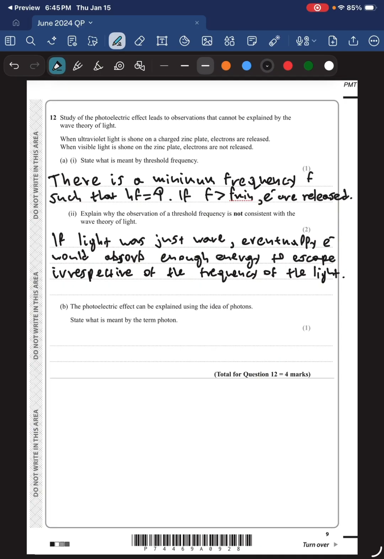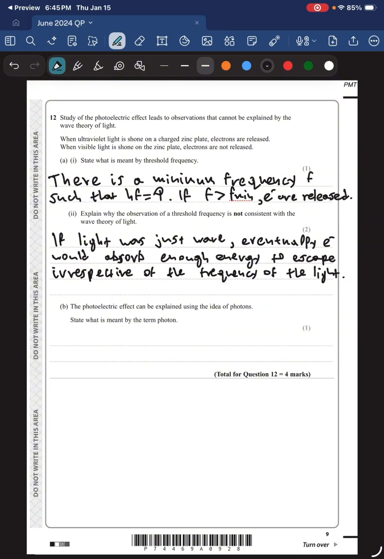I mean, there will be an accumulation of energy absorbed by the electron over time, and then eventually, after some time, if light was just a wave, the electrons will absorb enough energy and escape. Okay, so that's the idea at any frequency.